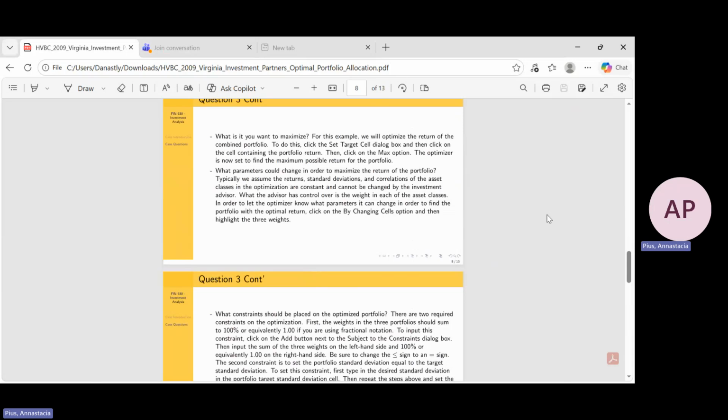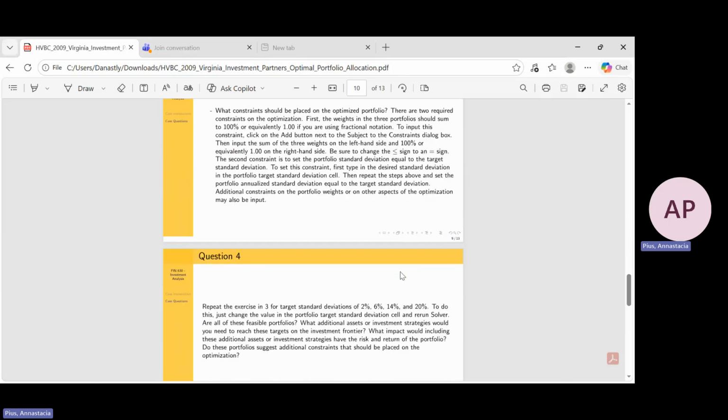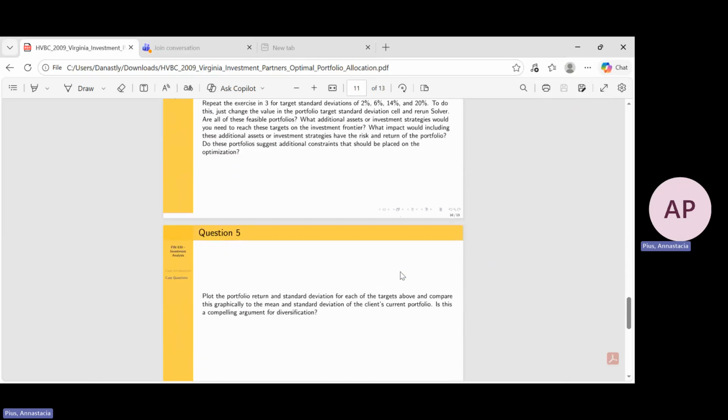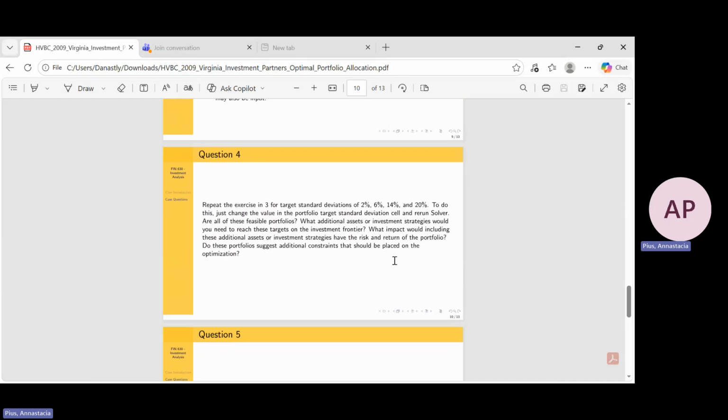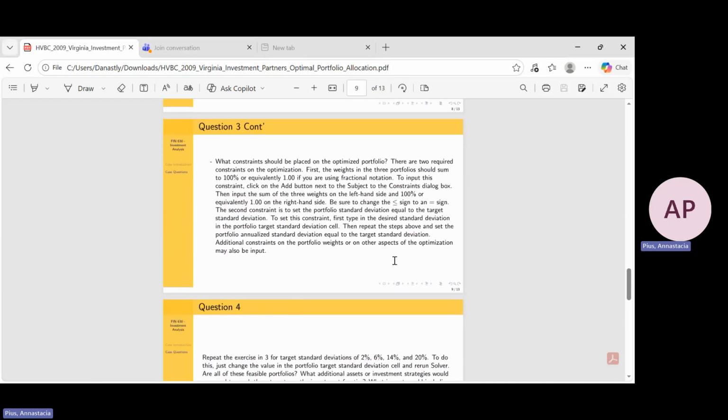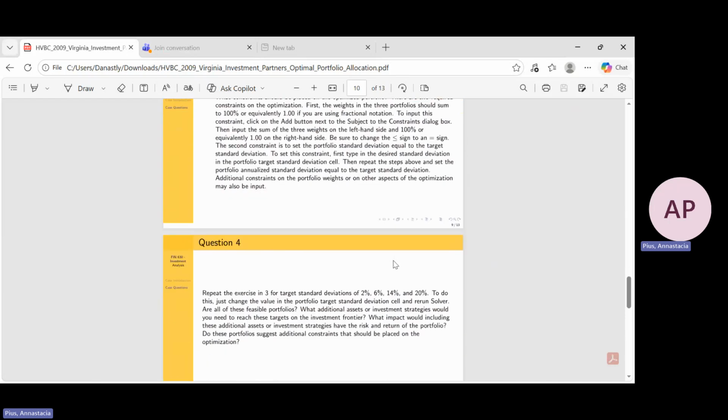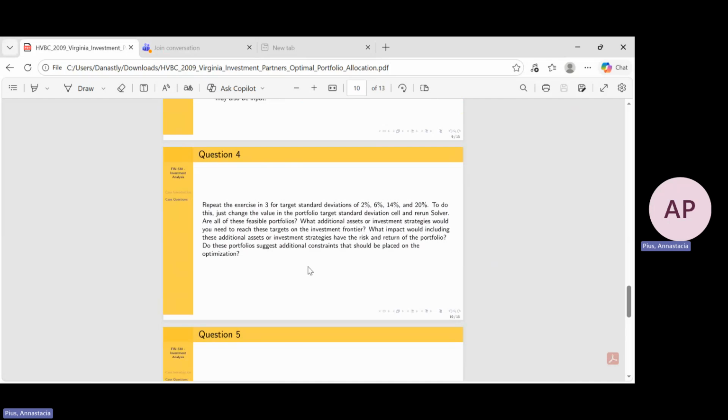Those are the ones in the optimizer already, the standard deviations and correlations of the asset classes. So we were assuming that they are constant and the advisor does not have the power to change that. And it makes sense even in the real world because you cannot change as an advisor the risk that a stock bears. You cannot change as an advisor the variations the market can take. So we proceed to question 4.